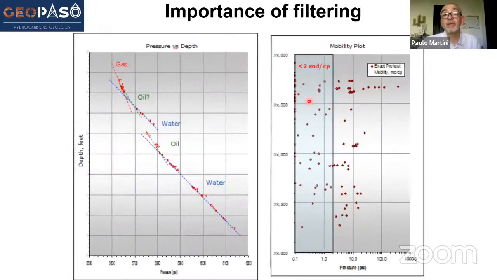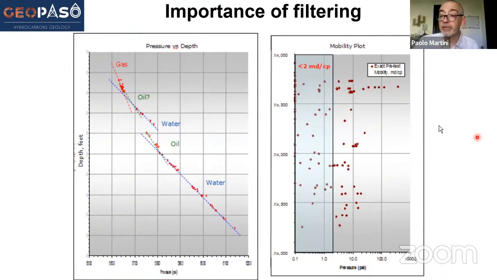This is another example. Where is this from? I don't remember which part of the world this field is. But anyway, you can see here on the left the pressure versus depth plot, and the author also plotted the drawdown mobility on a logarithmic scale and decided to filter out all the points that are less than 2 millidarcy per centipoise.